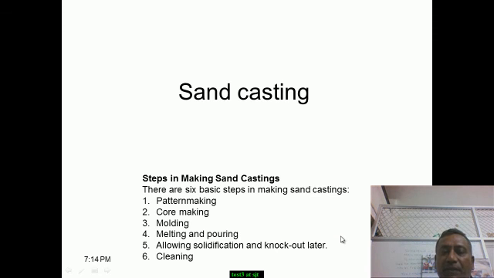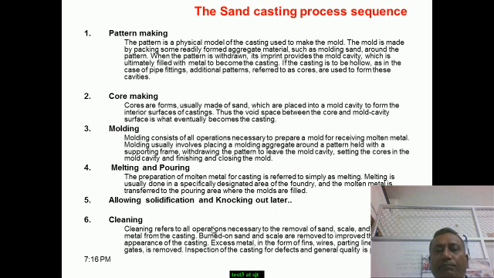The different steps in casting. This is just the explanation of the flow chart, the block diagram, which we have seen in the steps of manufacturing, finally reaching the stage of a final casting. The same thing has been written over here. Pattern making and core making should have been done.